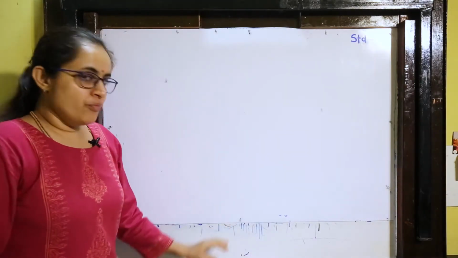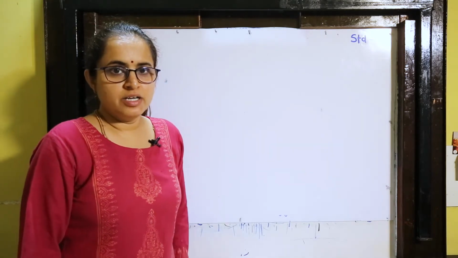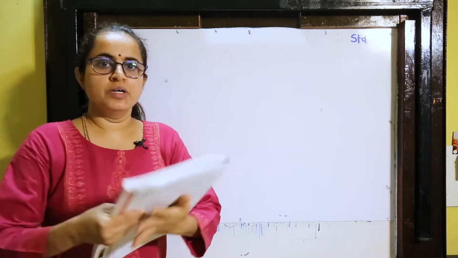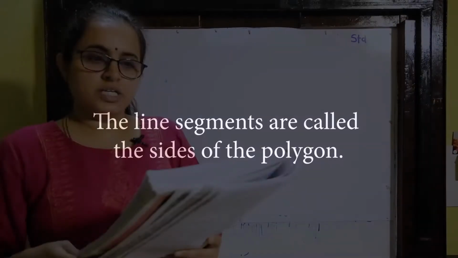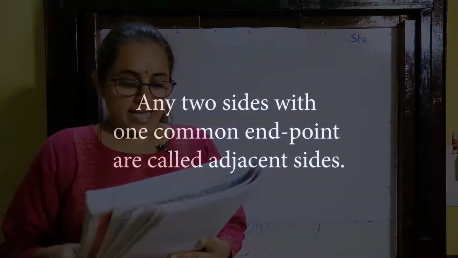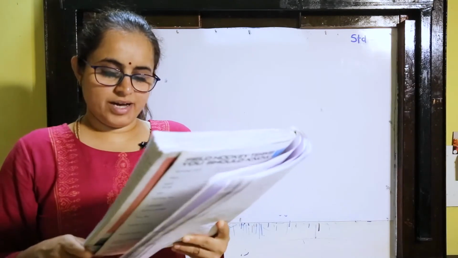So now we need to write some of the important points of the polygon. That is on your screen; you have to write that down. The first point: the line segments which join two vertices are called the sides of the polygon. Any two sides with one common endpoint are called adjacent sides.